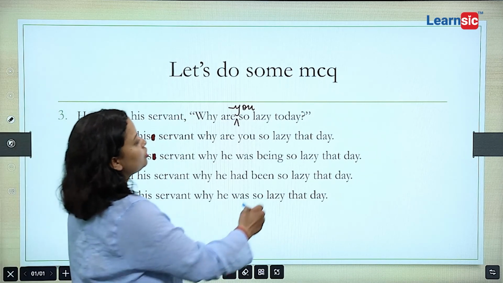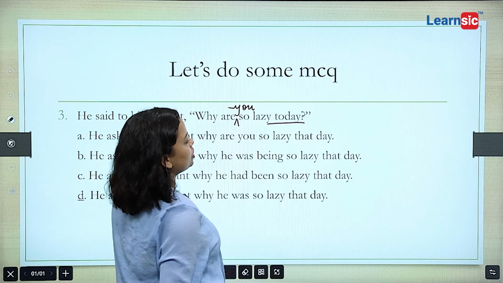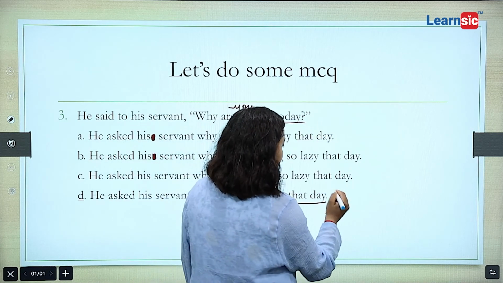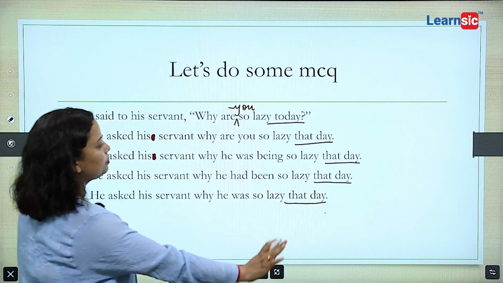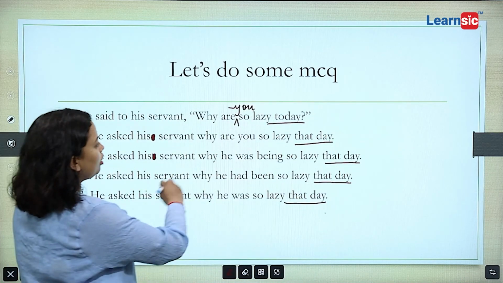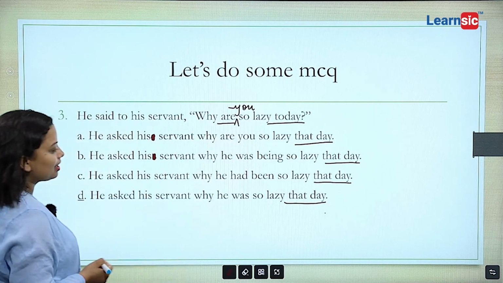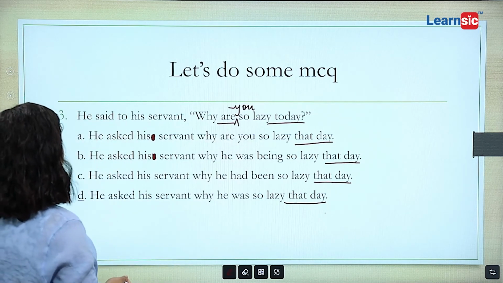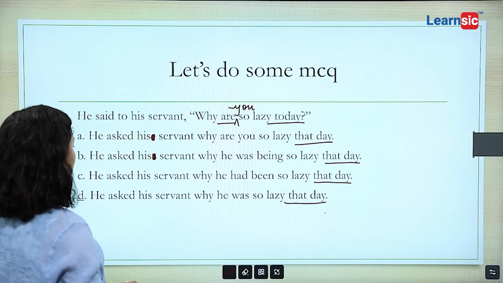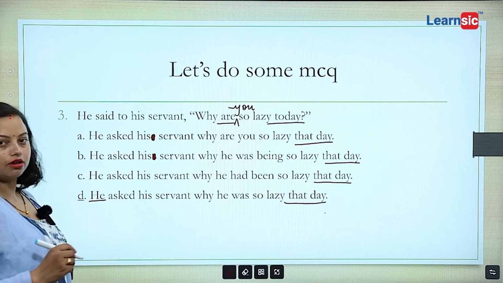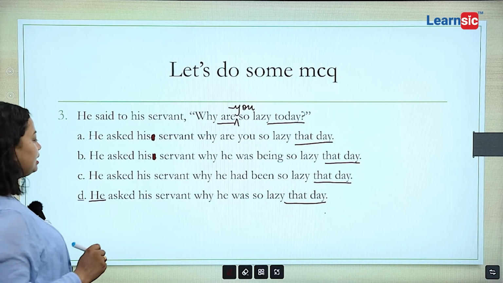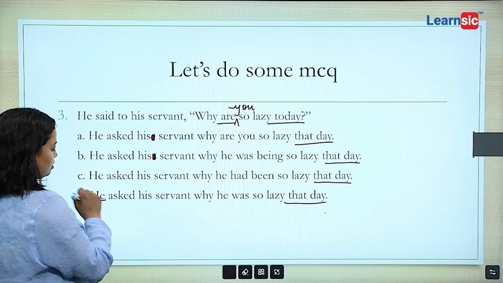But today त obviously केमा चेन्ज हुँदैछ? That day. That day every option मा छ भनेपछि up to now every option is correct हो। अब are, हेर त, are. He said to his servant why. अब he said to his servant, he भनेको के हो? सिंगुलर हो, yes or not? he ले के डिनोट गर्छ?